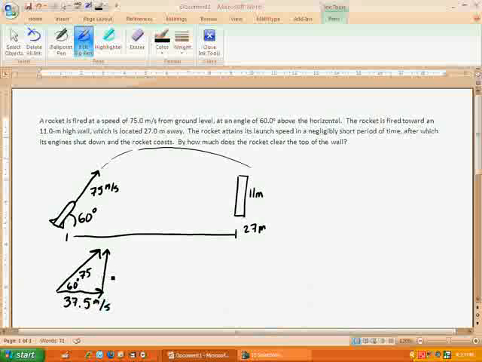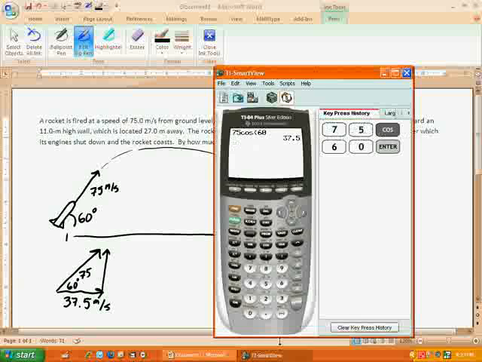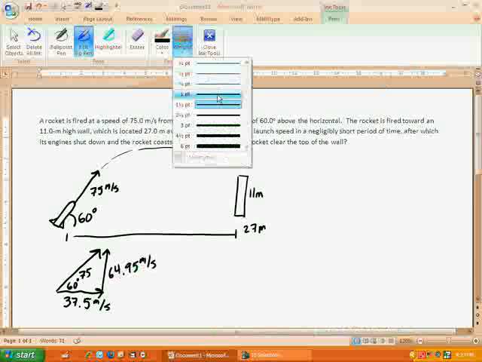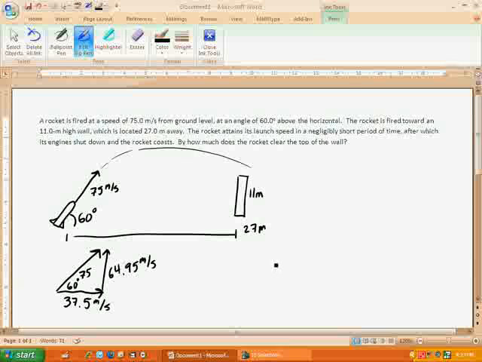And then the other side is going to be 75 sine of 60, which is 64.95 meters per second.